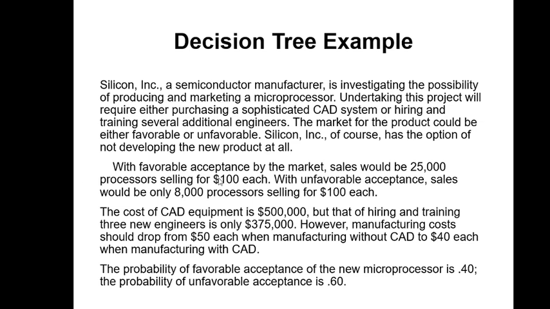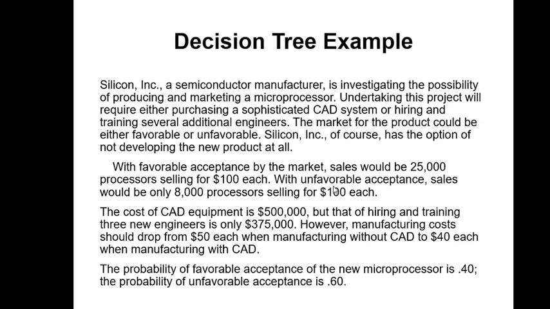Now, with favorable acceptance by the market, that means high sales would be 25,000 processors selling for $100 each. So when we say favorable, if in the future the state of nature will be high sales, then we are expected to sell 25,000 units. Each unit we will sell at $100.